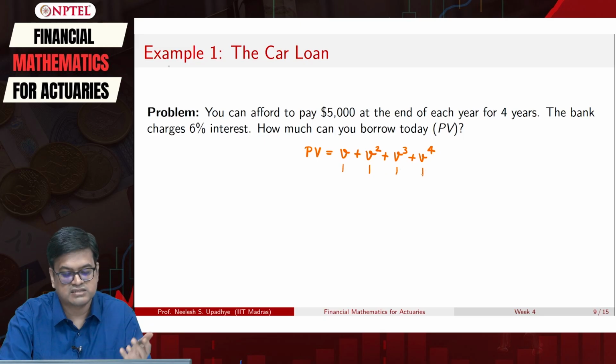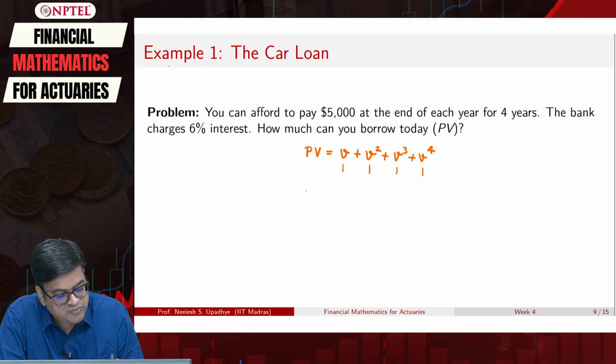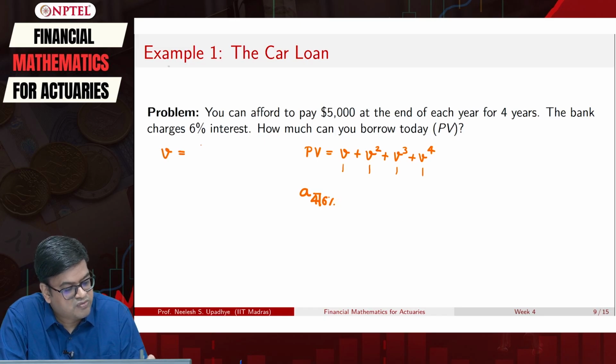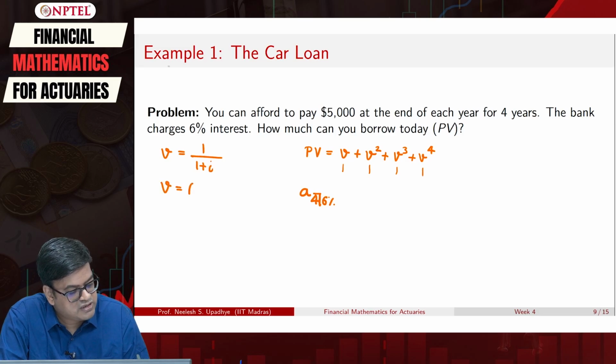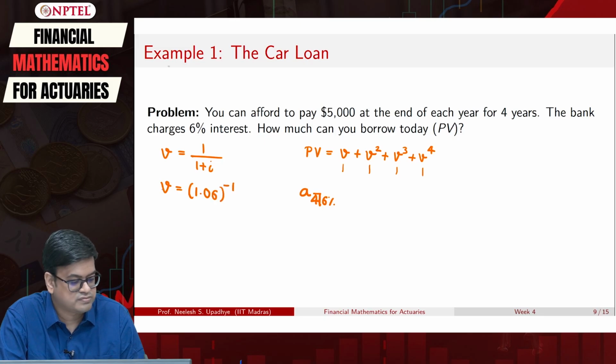So that's how we came up with the formula for our annuity a angle 4 at 6% rate of interest, where my V is nothing but 1 upon 1 plus i, and therefore my V is actually 1.06 inverse.